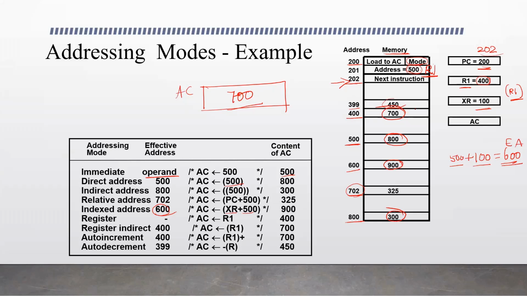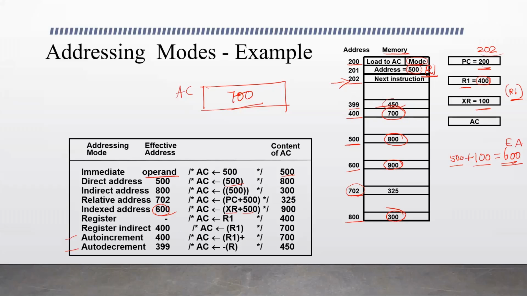And the next addressing mode is auto increment. We have two more addressing modes, auto increment and auto decrement. We have learned that auto increment and auto decrement addressing modes are a special case of register indirect addressing mode. So here it is the same as register indirect addressing mode.